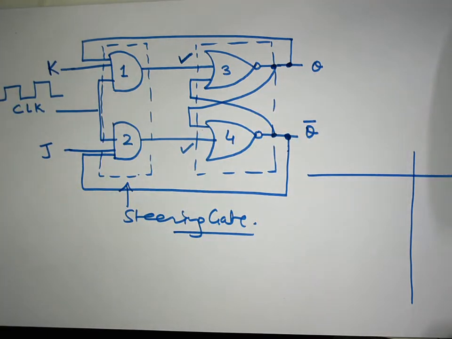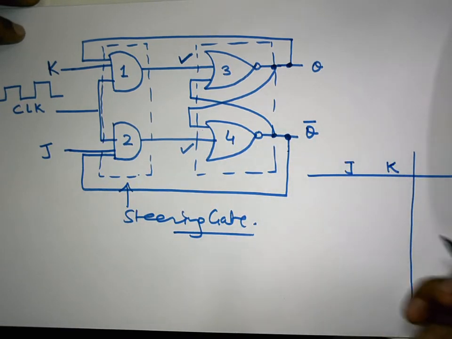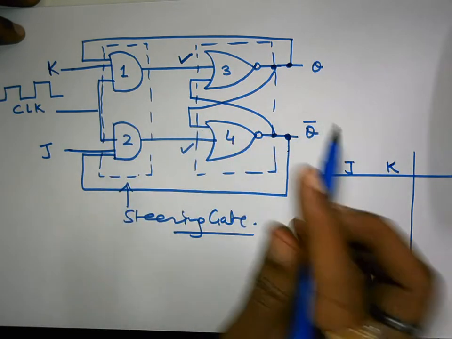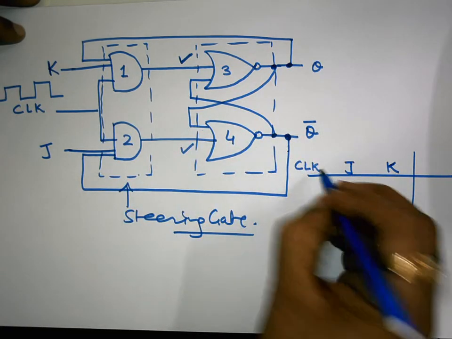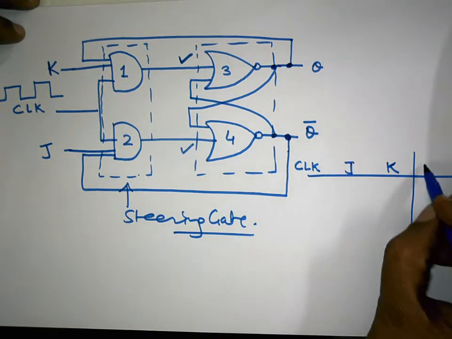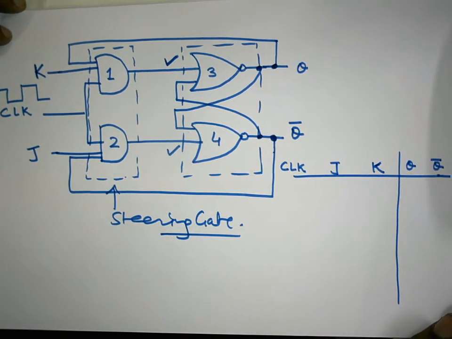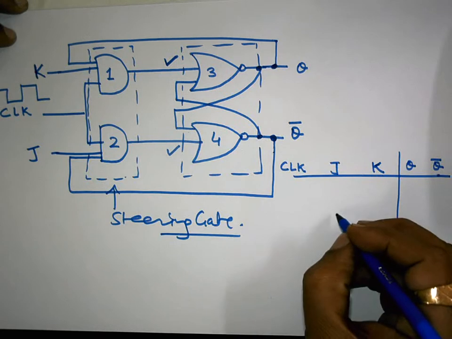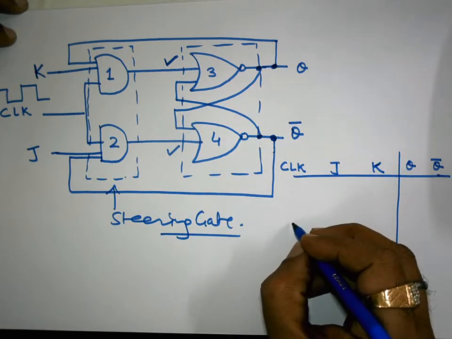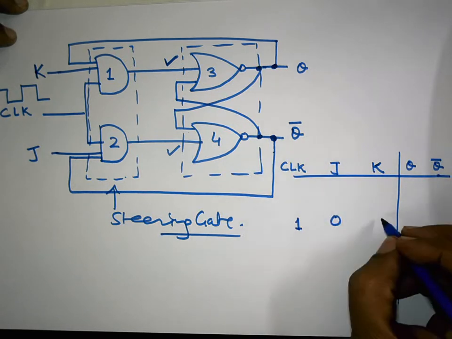Instead of S and R, they are given the different names J and K. So we have two inputs J and K, and clock is simply a control input. So let us also see what is applied at the clock and what will happen. And Q and Q bar are the outputs. Okay. So suppose the clock is 1 and J is 0 and K is 1.